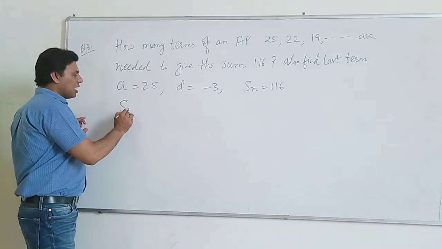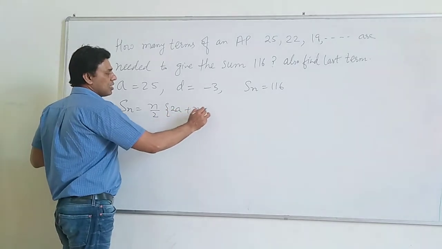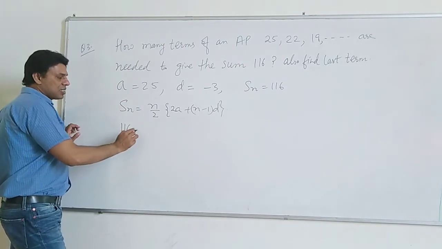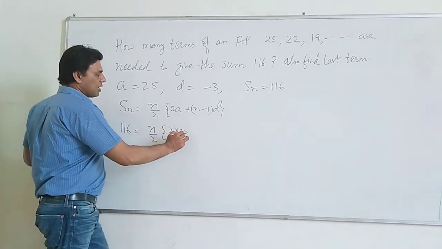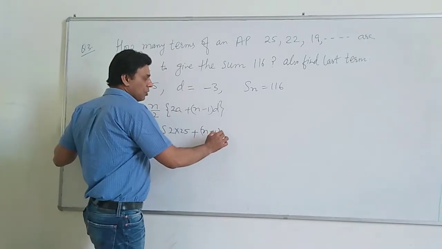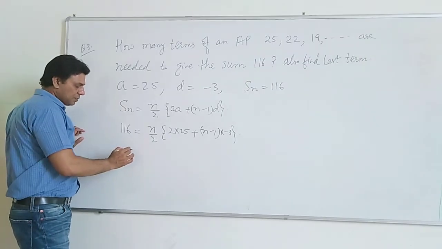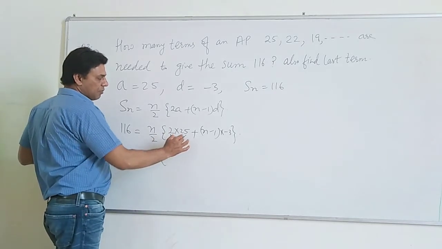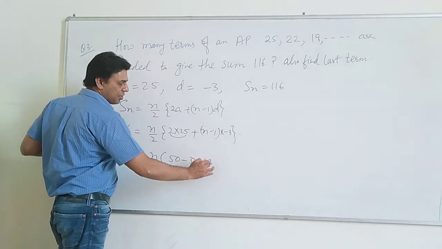So now use the formula Sn is equal to n by 2 into (2a plus (n minus 1) into d). So Sn is 116, n by 2, 2a, that is 25, plus (n minus 1) with d equal to minus 3. Now we can bring the 2 here: 232 equals n into (50 minus 3n plus 3).